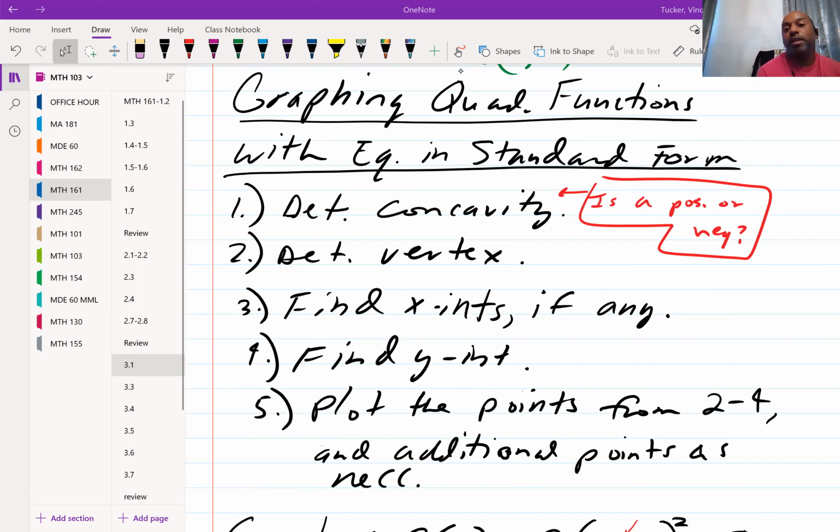So is a positive or negative? That's going to dictate that. Determine your vertex, find any x-intercepts, find any y-intercepts, and then plot the points from steps 2 through 4.